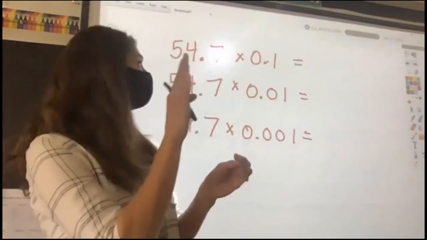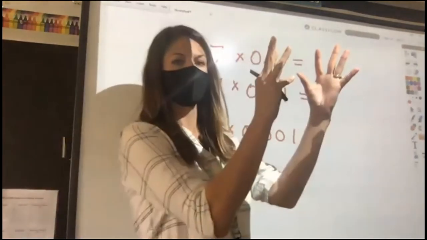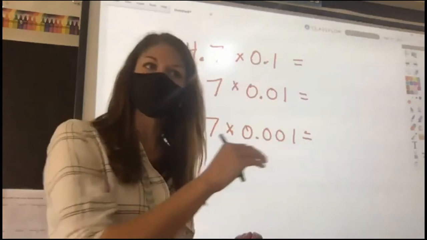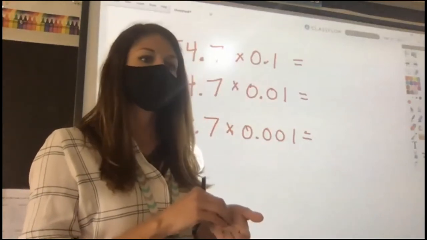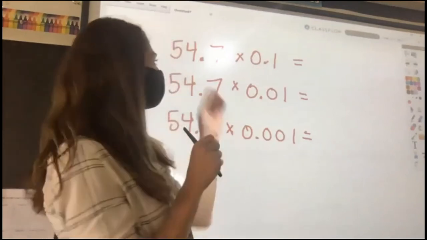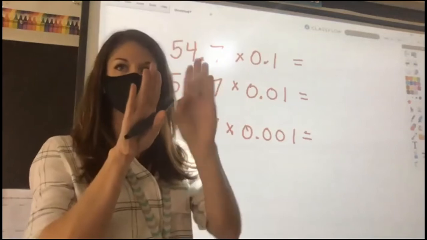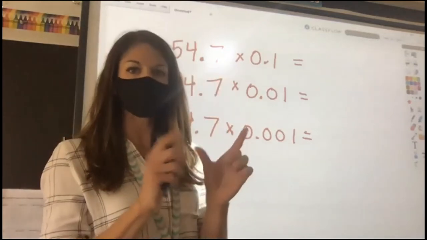It would still be a 5, a 4, and a 7, but I'm picking up those numbers and shifting them one spot over. Could you write maybe on your place value chart? Imagine the 5 and the 4 in the tens and ones spots, and imagine the 7 in the tenths spot.